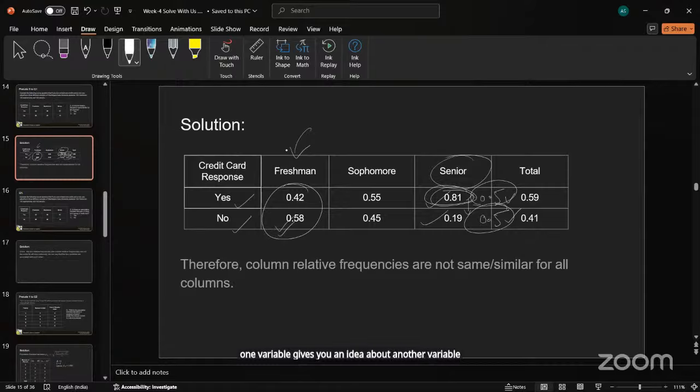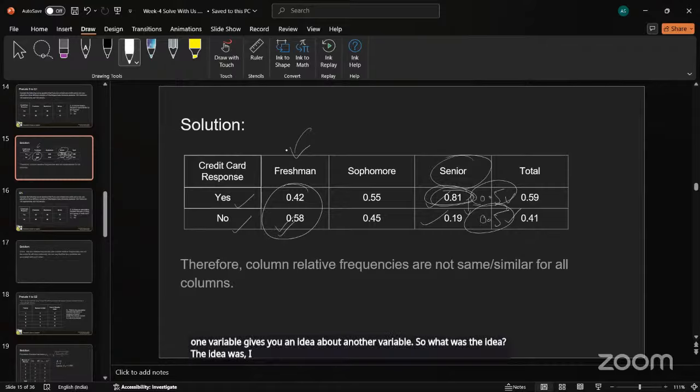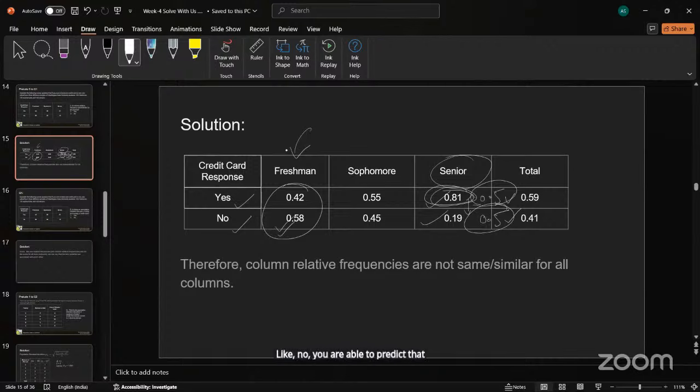The idea was I'm a freshman. Now you are able to predict whether he has a credit card or not. If you can predict this, then we can say that the year of study and ownership of a credit card are associated. Getting this?